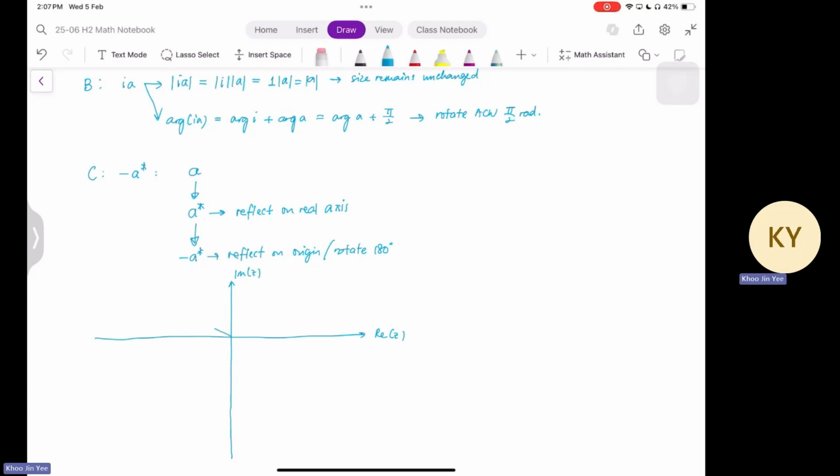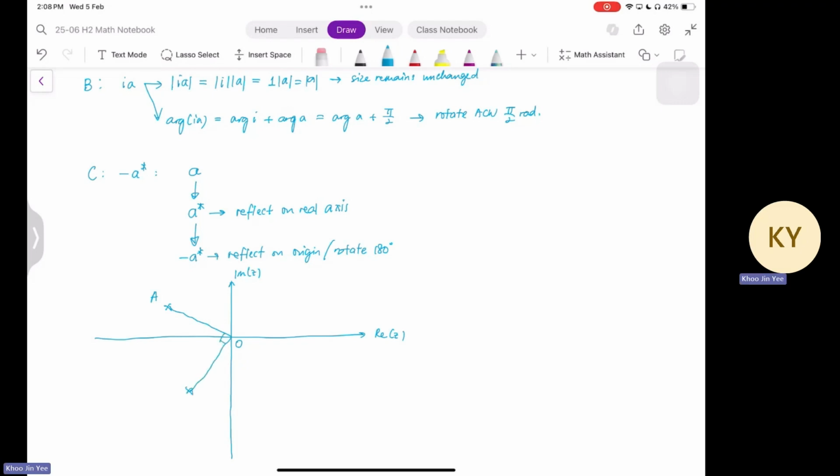Okay, so let's say my A is somewhere here. So this is point A over here, and this is the origin. When we rotate, B will be a rotation, so rotate 90 degrees over here, like that.